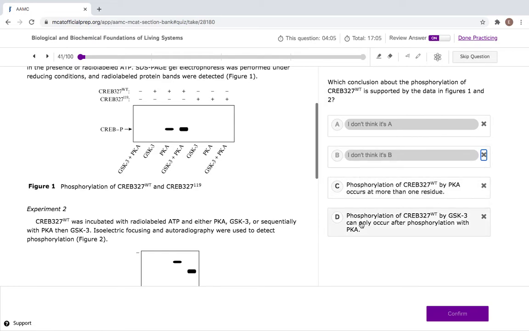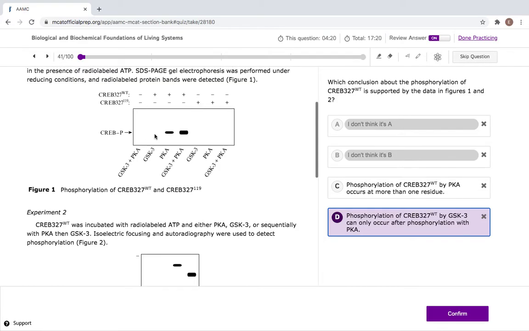Let's look at D. Phosphorylation of CREB 327 wild type by GSK3 can only occur after phosphorylation with PKA. That's a good answer. Why is this a good answer? Because it's kind of like a conclusion I was making before I even looked at these answer choices. No GSK, nothing. PKA, something. GSK with PKA, big. Here's a wild type.